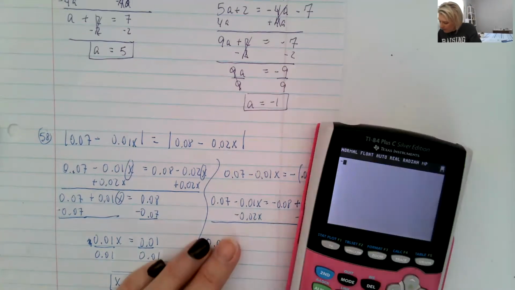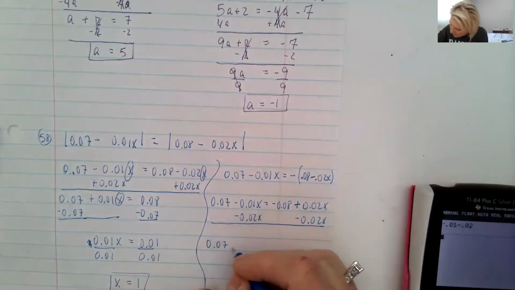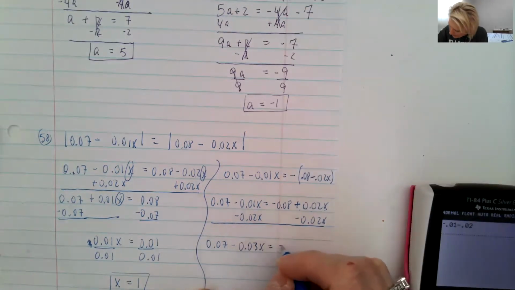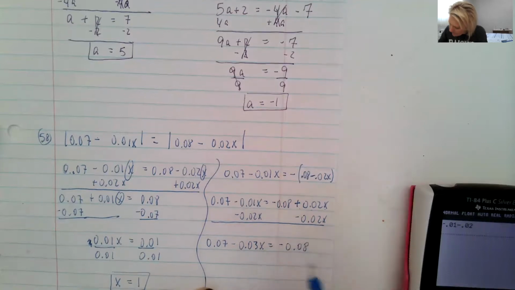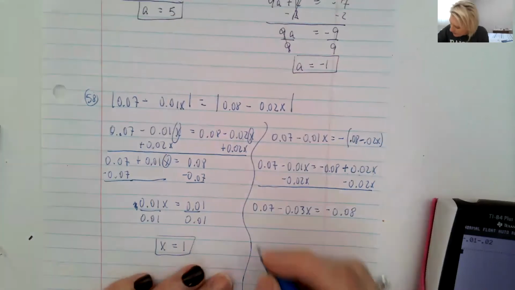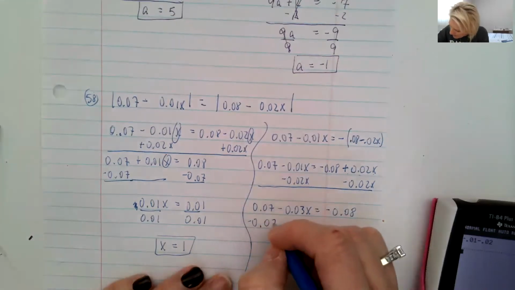So we have a negative 0.01 minus 0.02. So we have a negative 0.03x equals negative 0.08. And to get our constants to the right, we're going to subtract 0.07.